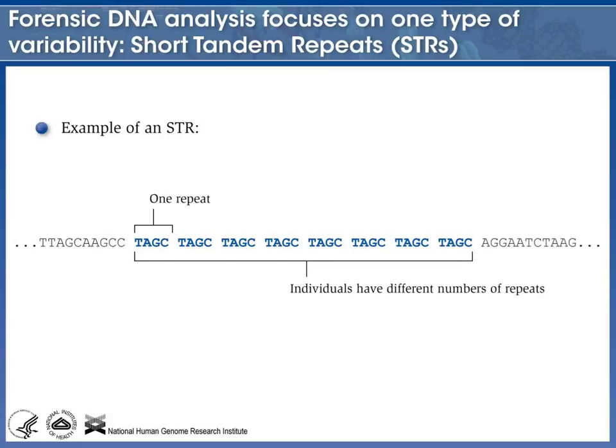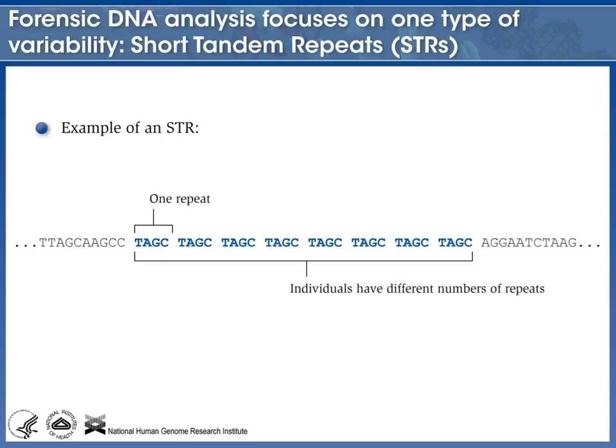Now, these fragments of DNA are called short tandem repeats. And DNA analysis in terms of forensics focuses on these STRs, short tandem repeats. Now, as I mentioned, you need 3 base pairs for an amino acid. But in this case, these repeats have 4 bases.